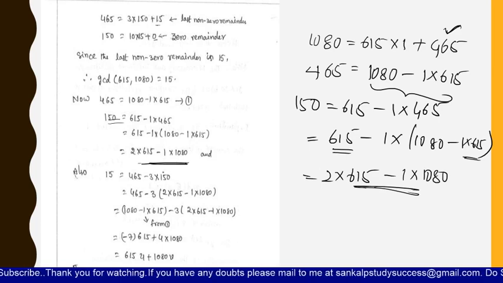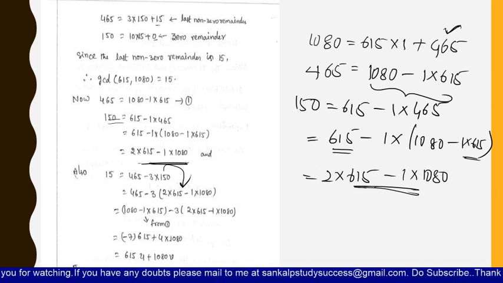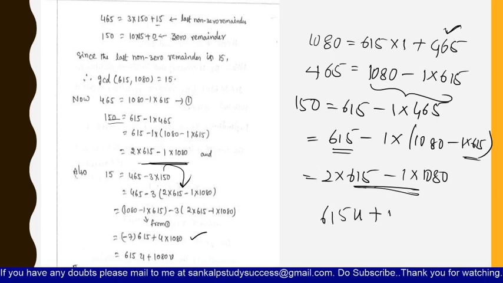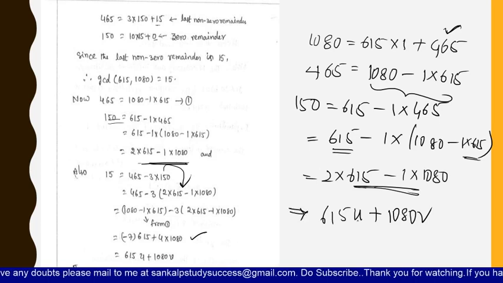When you substitute in the place of 150, you will get it in terms of 1080 and 615. What was the linear combination? 615u plus 1080v. Is it true or not? You need to find u and v only, right?